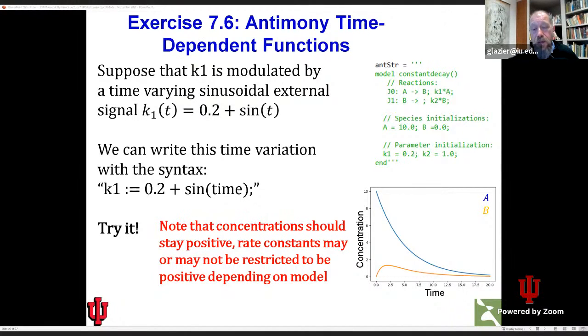One thing that also happened is that there used to be sine, cosine, these kinds of functions as built-ins for Antimony. It used to have a very good set of random number generators, but those have disappeared.